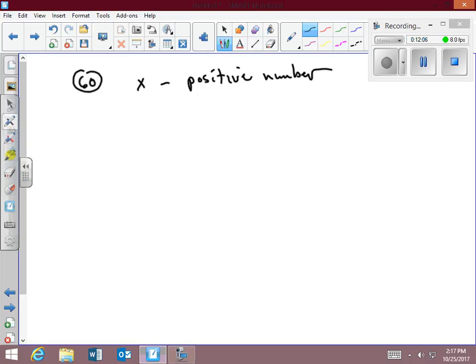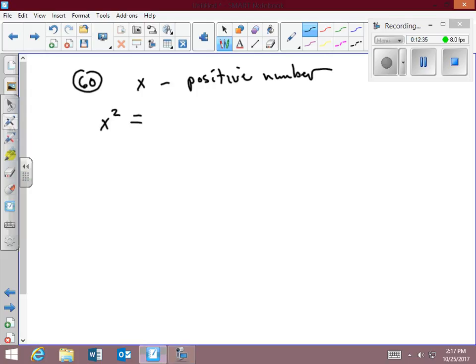Okay, now it says the square of a positive number. So how would I write that? The positive number squared, right? And it says is. What does is mean? In mathematics, what do you write when you say is? Is equal to, right? Is says equal.